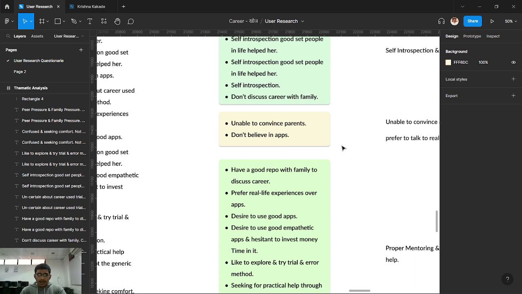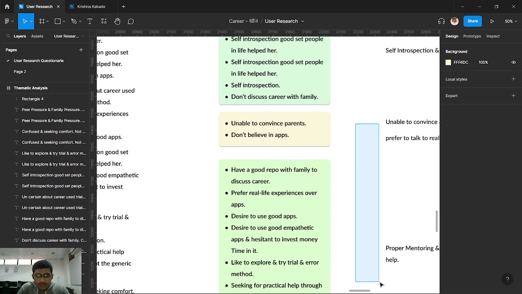I believe in that also. Deciding your career is your thing. You're going to work for your whole life, so you're the one who can decide that, because later on you're the person who is going to do the things in your life. So yeah, that's that.